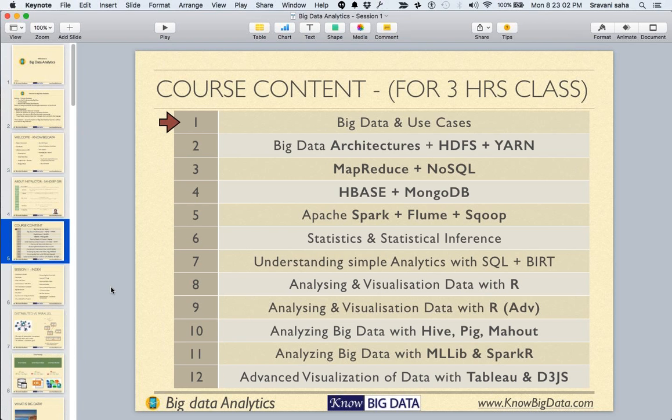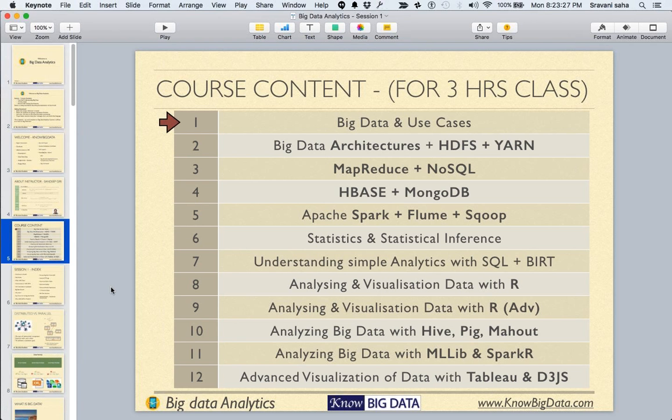In session 3, MapReduce plus NoSQL will be covered, an overview of both of them. So you don't have to do actual programming, but you will get an idea about what both of these things do. Then in the fourth session, we will talk about HBase and a little bit about MongoDB.